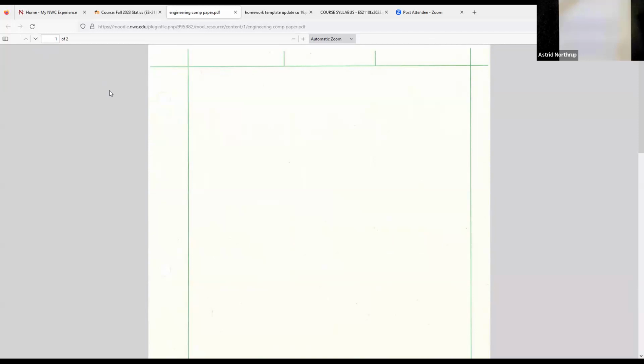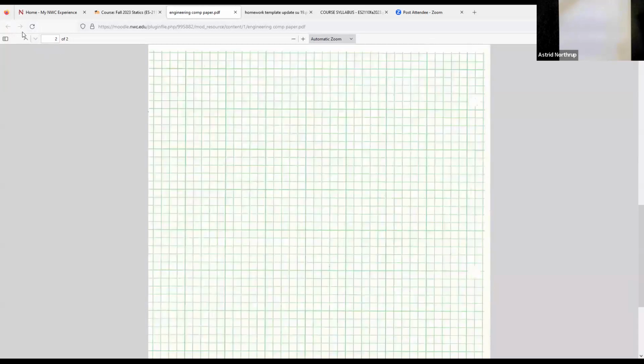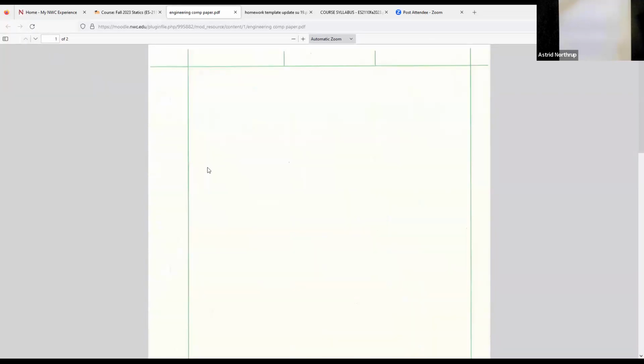The green is standard, but there are other colors that you can use. Sometimes engineering firms will have their own engineering comp paper, so if you have an internship with somebody, you can maybe get paper from them, and that's all fine. But the thing that I love is the grid, and you don't really write on this side. It's just that the grid sort of comes through a little bit on this side.